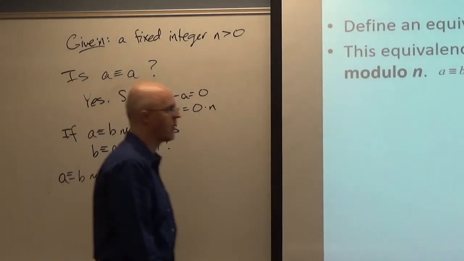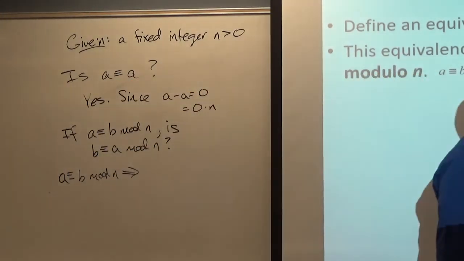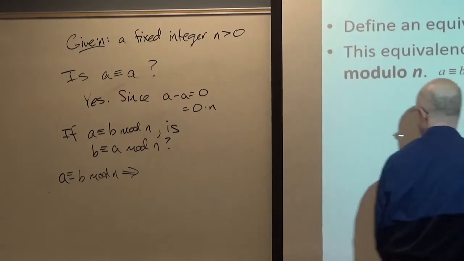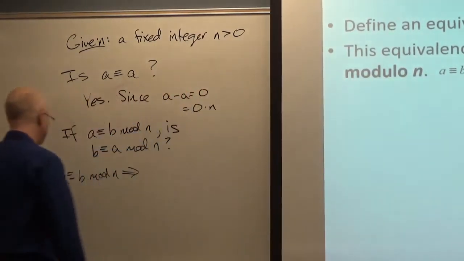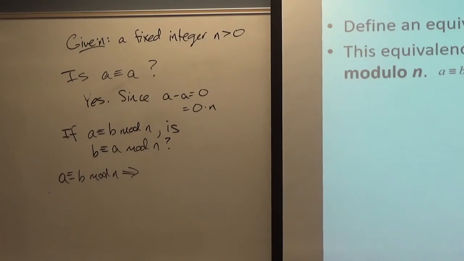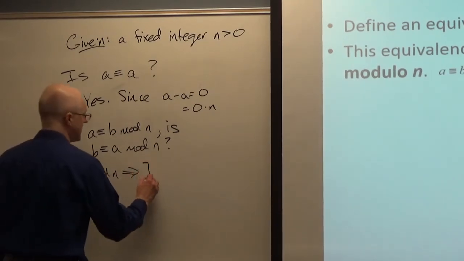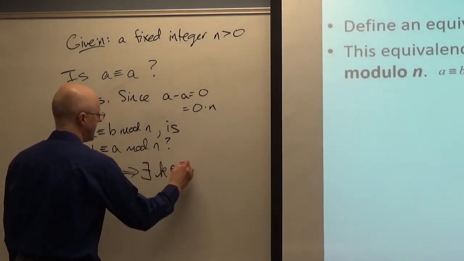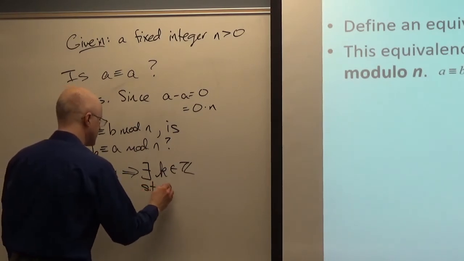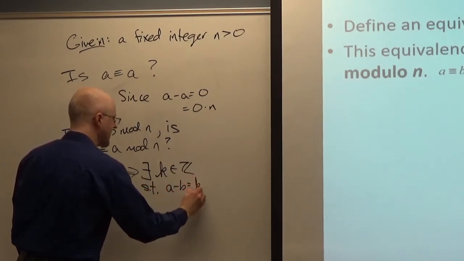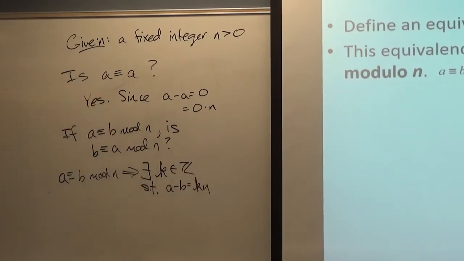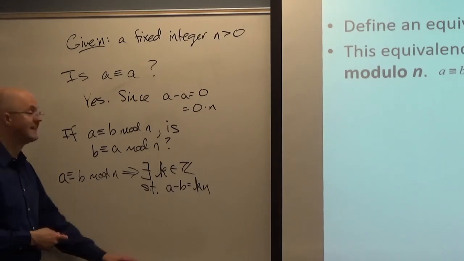Let's use the second form of what it means. A being equivalent, congruent to B mod n implies there exists an integer k such that A minus B is k times n. A minus B is an integer multiple of n.